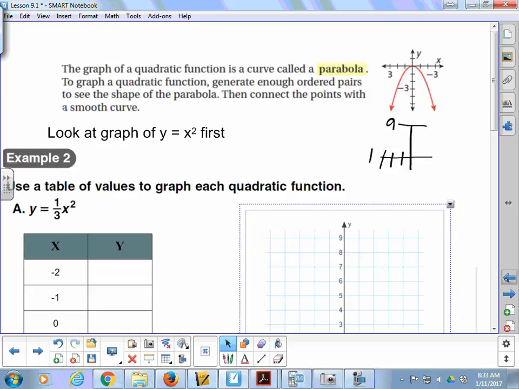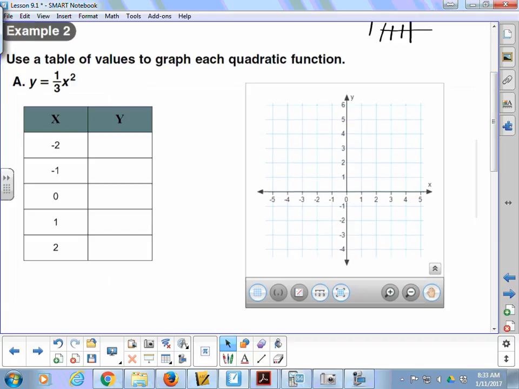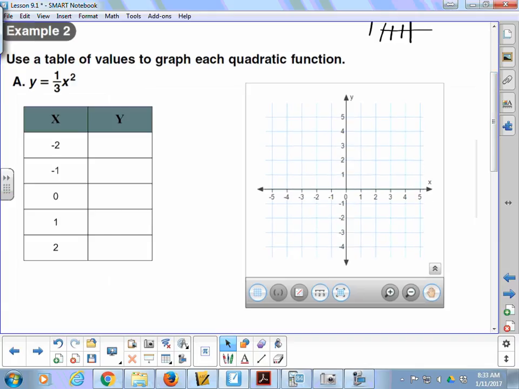Here we're going to graph y equals 1/3 x squared. Let's back up. Actually, I'm going to just have you do it. So you're taking those numbers.